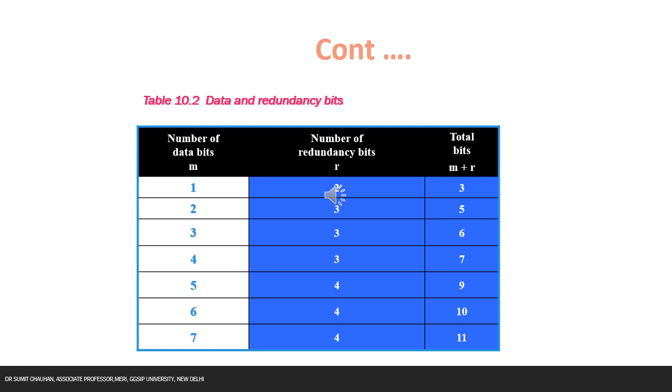So to calculate how many bits should be redundant in a data, the number of data bits, if they are m, then the number of redundant bits would be r, sorry. So the total bits that will be sent would be a combination of m plus r, the number of data bits and the number of redundant bits.